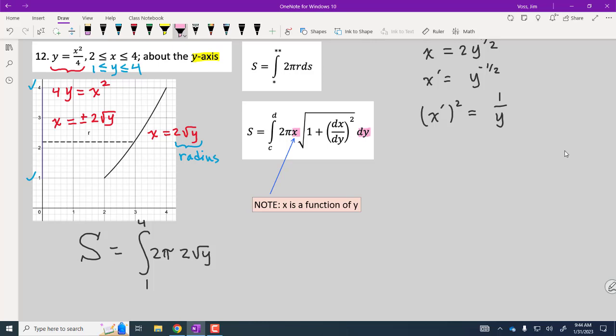We can't have an x and a y, which is one of the clues that we need to convert this over and have it written in terms of y. And now we throw in our other square root. So we have 1 plus x prime squared inside the square root. So there's our setup.